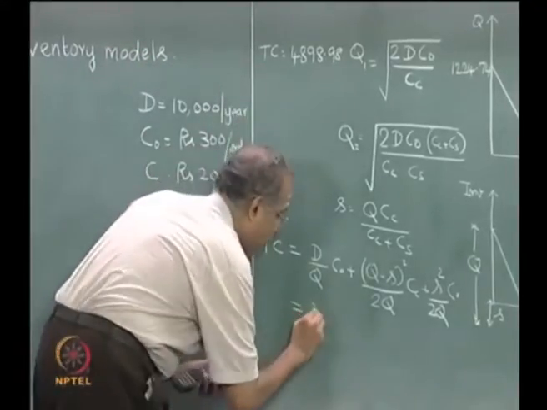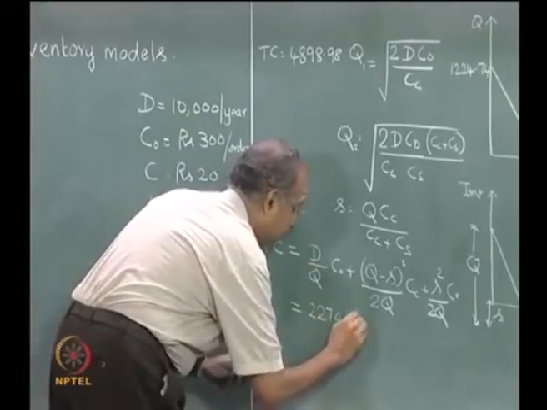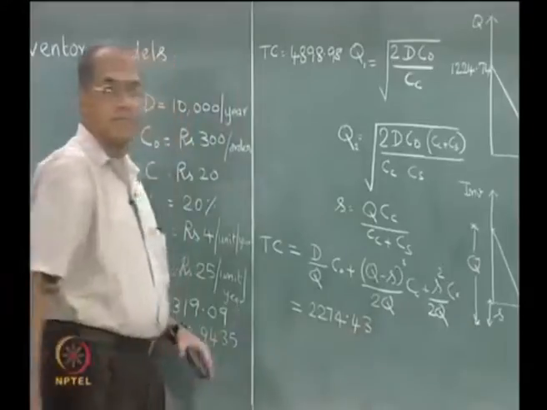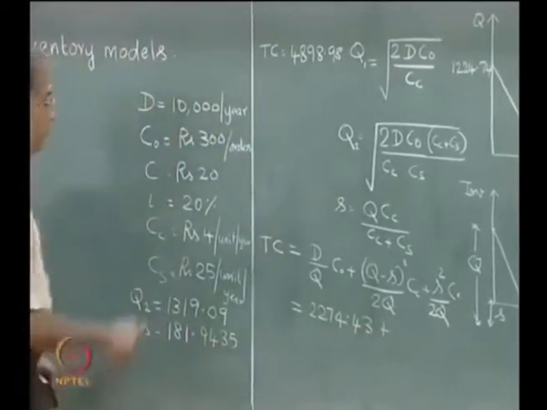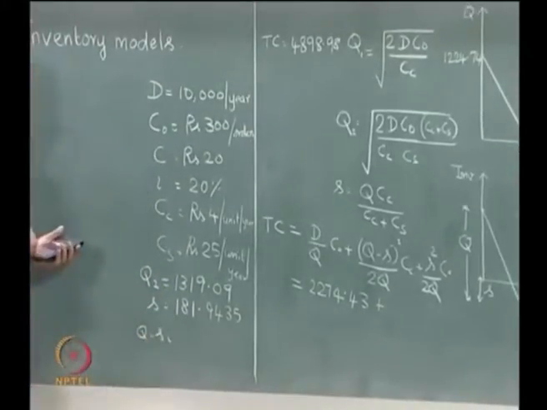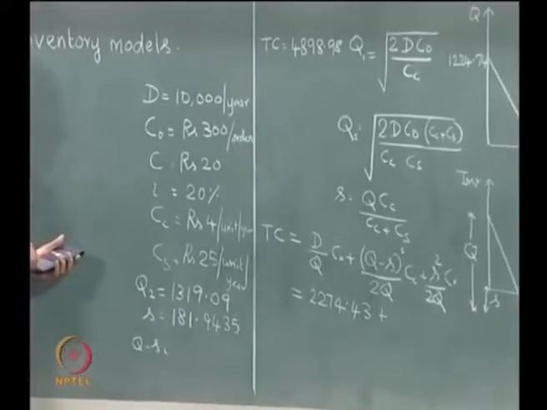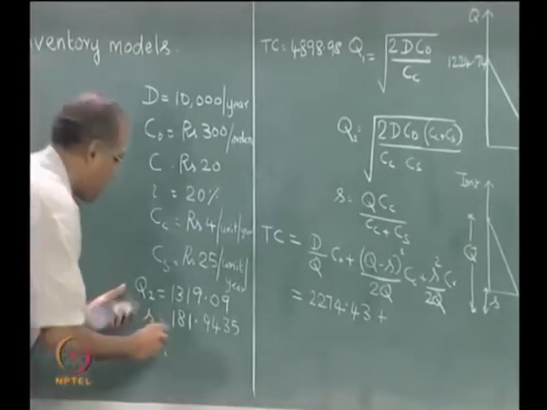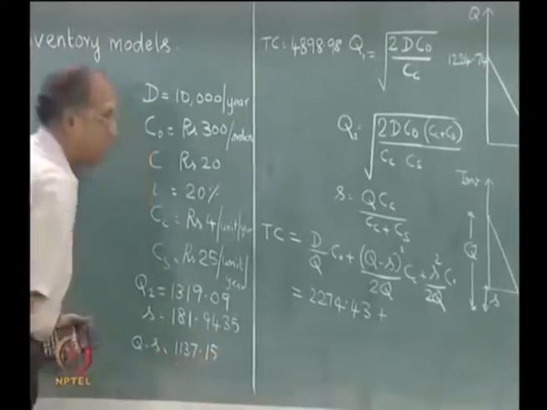Two, 2274.43 plus Q minus S is equal to 1137.15.